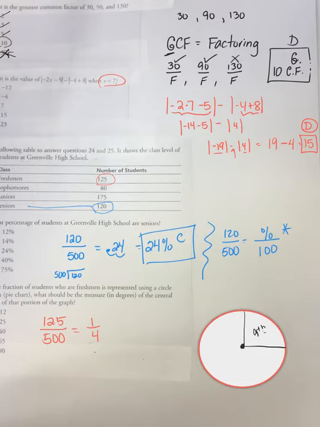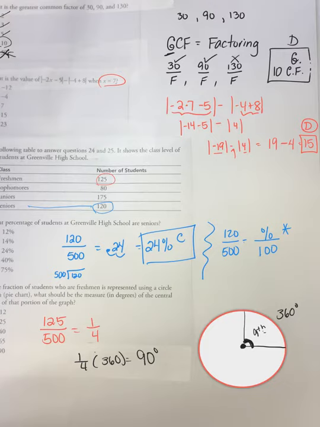Now they've asked us for the central angle. That means it's this angle right there. Central angle has its vertex at the center of the circle. So they're wanting to know what degree measure that would have to be. Well, since we know, or we are now learning, that there's 360 degrees in any circle, then if I take 1/4 of the 360 degrees, that gives me 90 degrees as my central angle right there.